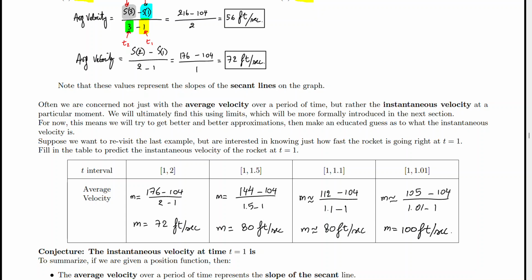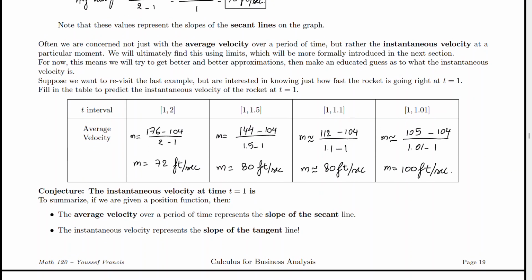And you know what? Let's just, if we can, try to guess what the slope of the tangent line is, right? So at the time when t is equal to 1, what do you think the slope should be? After doing all this work, what is your conjecture? What is your hypothesis?